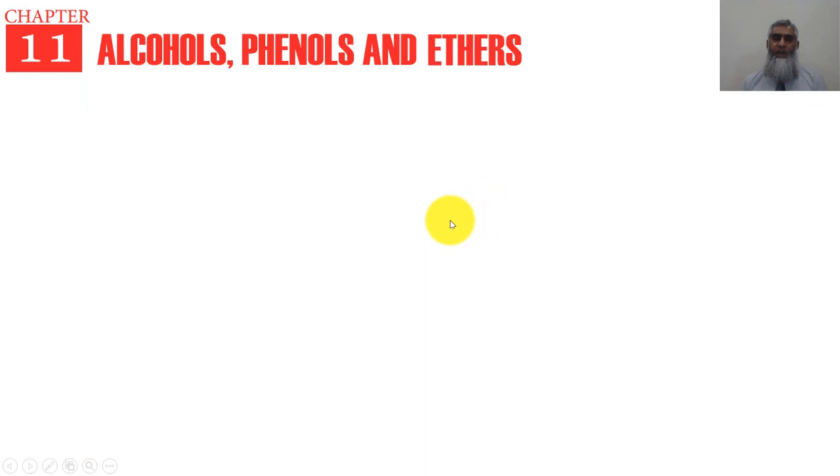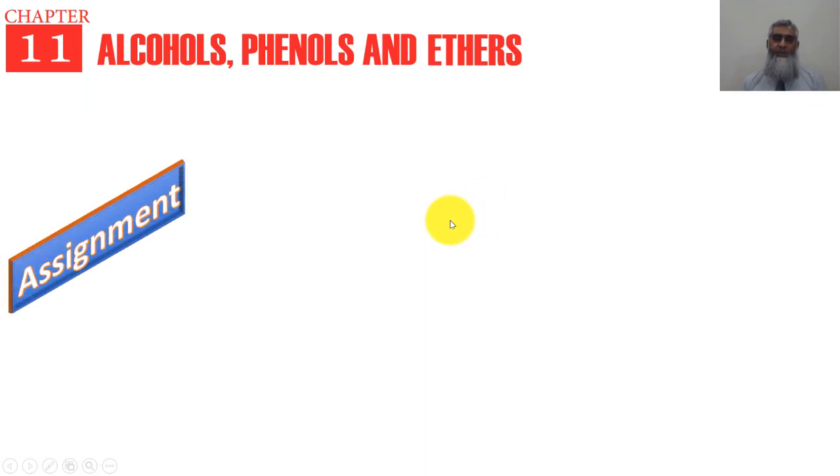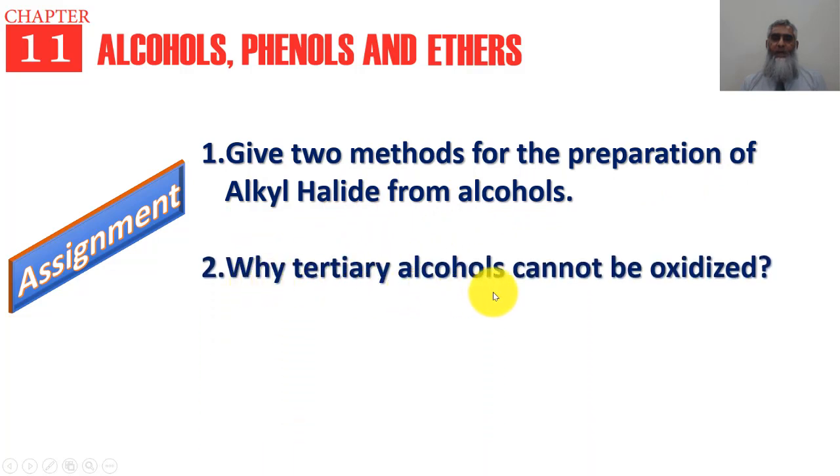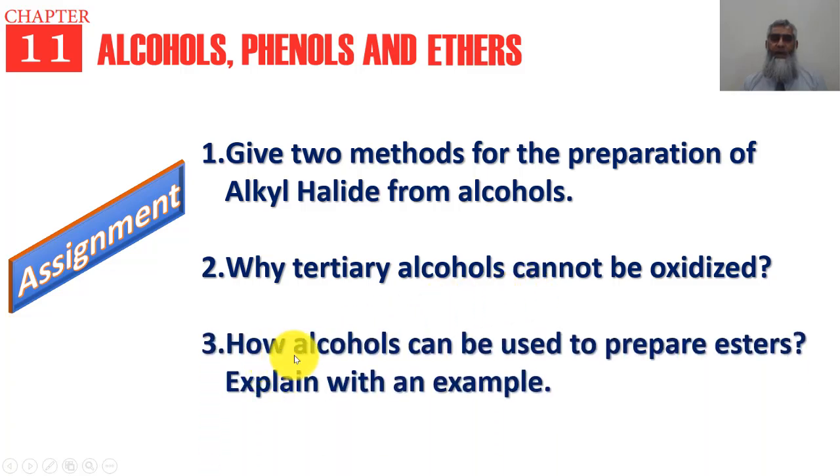So here is the assignment for today's topic. Question number 1. Give 2 methods for the preparation of alkyl halide from alcohols. Question number 2. Why can tertiary alcohols not be oxidized? Question number 3. How can alcohols be used to prepare esters?